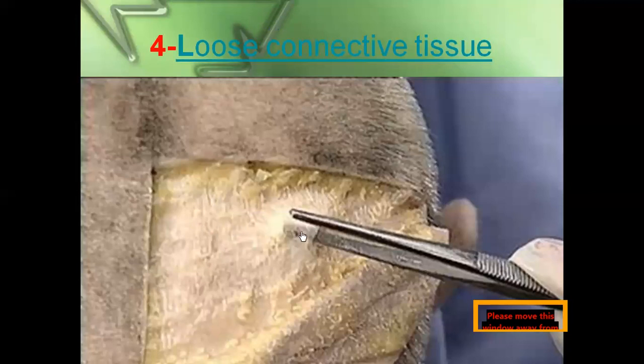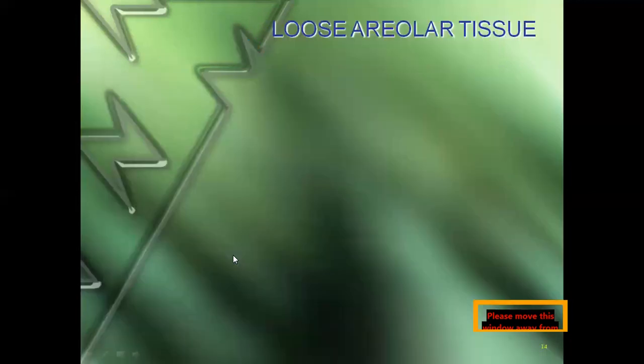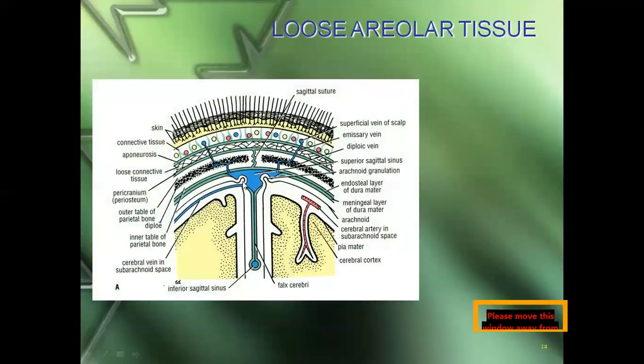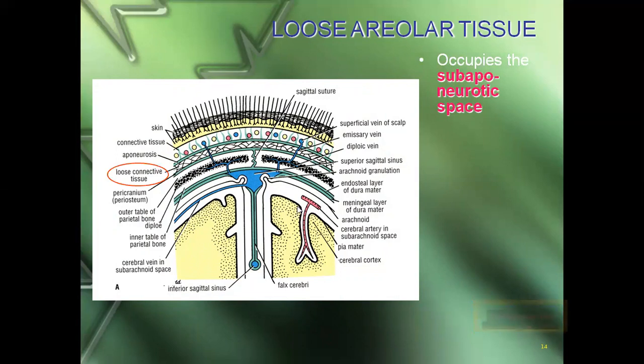Now we are moving to the next layer, that is the fourth layer. The fourth layer is called the loose connective tissue. Below this epicranial aponeurosis, we are finding the loose connective tissue, also called the loose areolar tissue. So it is occupying the subaponeurotic space.